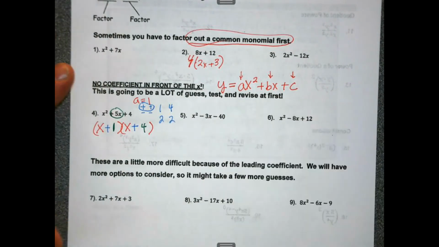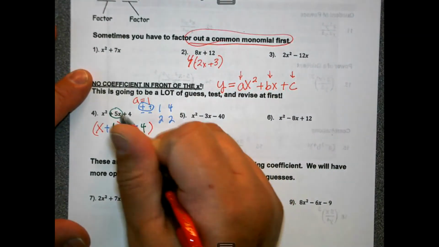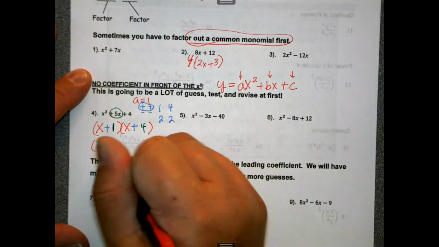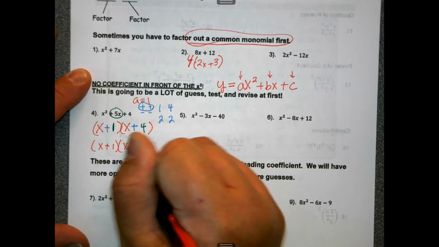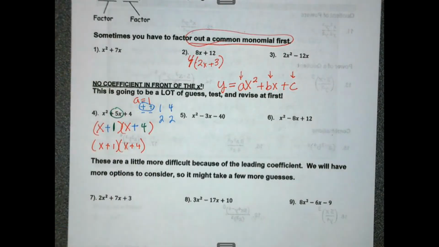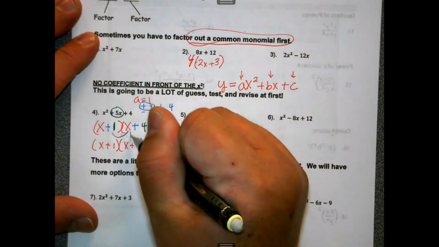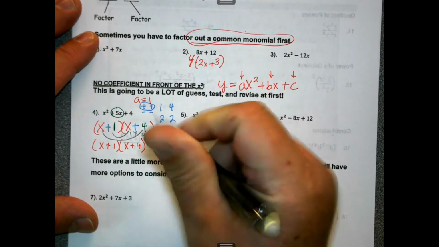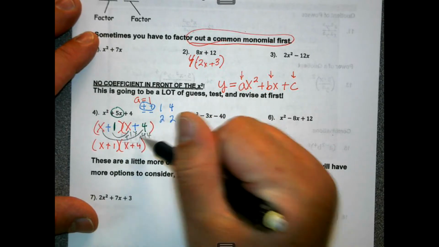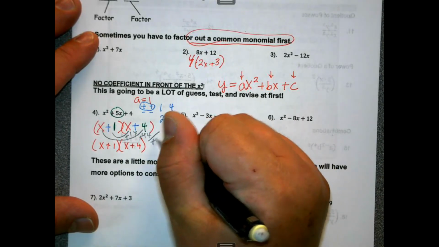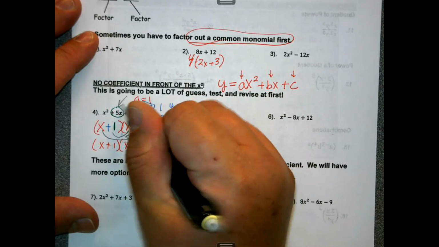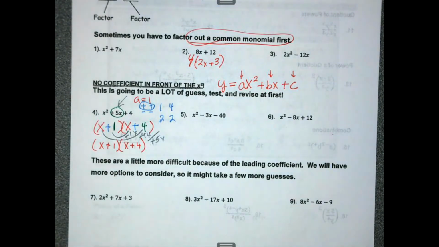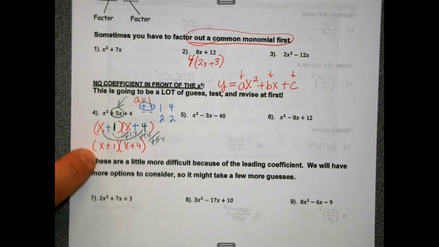And this then is my factored form for this trinomial: x plus 1, and then x plus 4. Then we use the arches to check. My inner is 1x, my outer is 4x, positive 1x plus positive 4x gives me my positive 5x, which matches my middle term. So I know for sure that my answer's right.